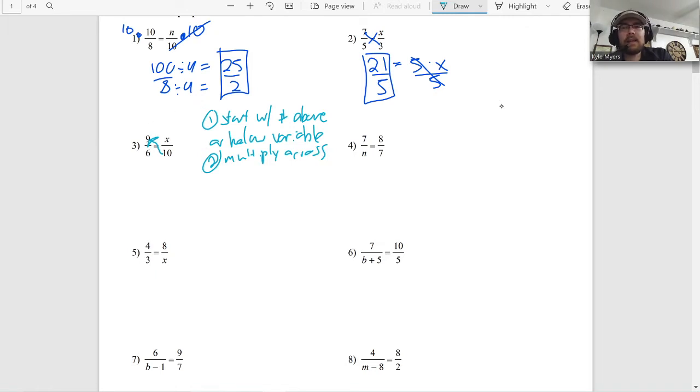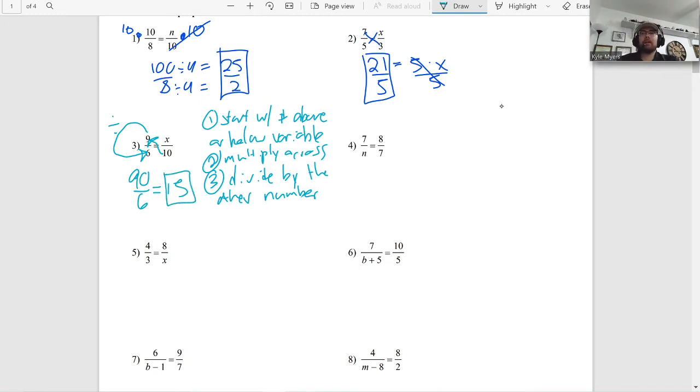Okay, so 90. And then step 3, you divide by the other number. So we go like this, and we divide. So 90 over 6. And that should go in evenly. That's going to go in 15 times. So x is 15. There we go.